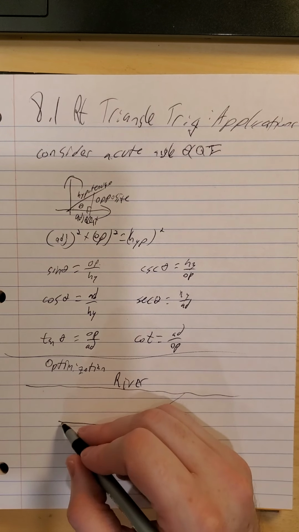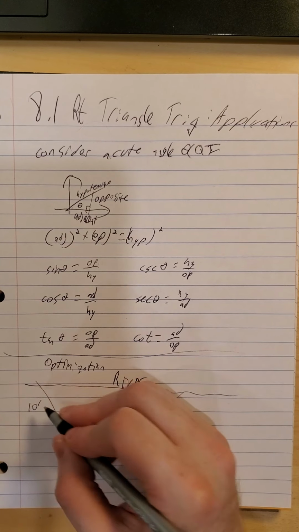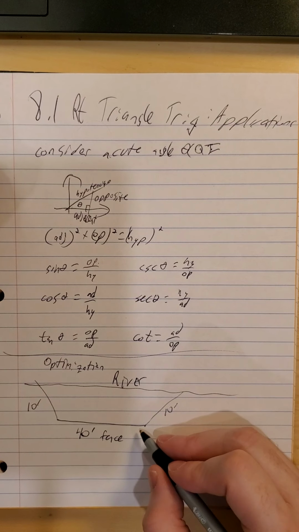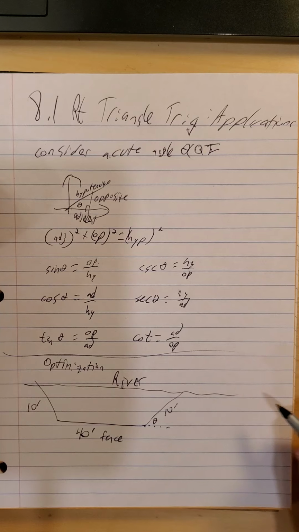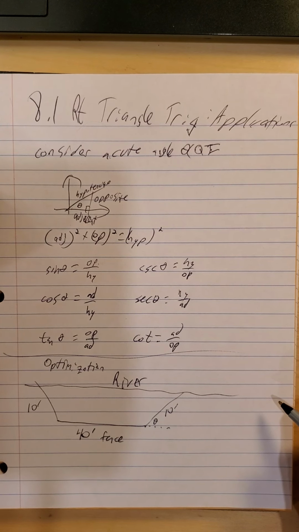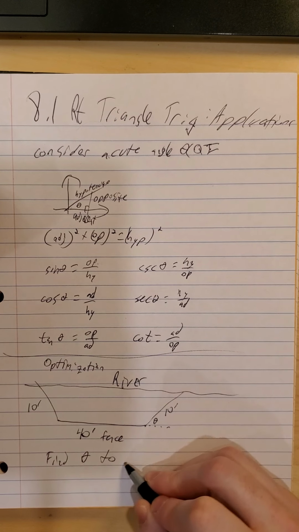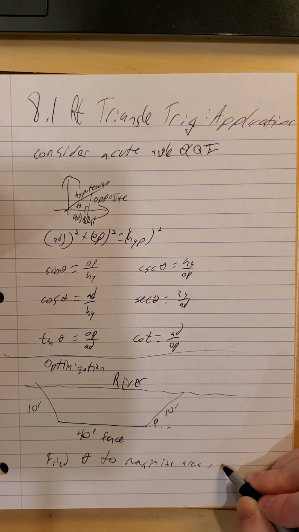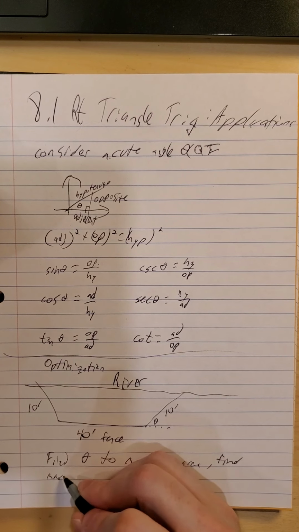And then we have two other 10-foot sections. And we're going to make this angle theta. We're going to find theta to maximize the area. And of course then find the max area.